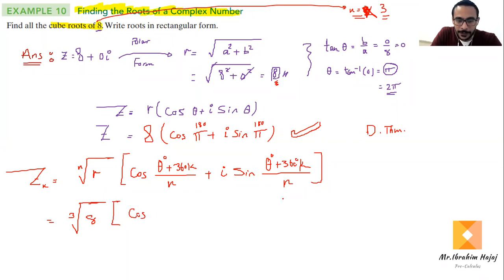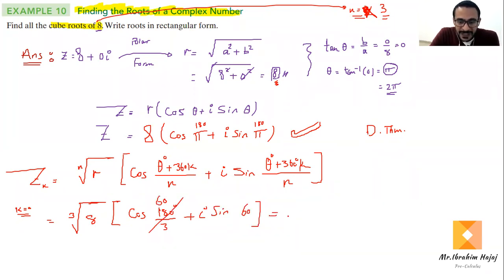Cosine. Let's start first when k is 0. 180 plus 360 times 0, over 3, which is 60. So k is 0, right? It's cosine 60 plus i sine 60, and this also will be 60.